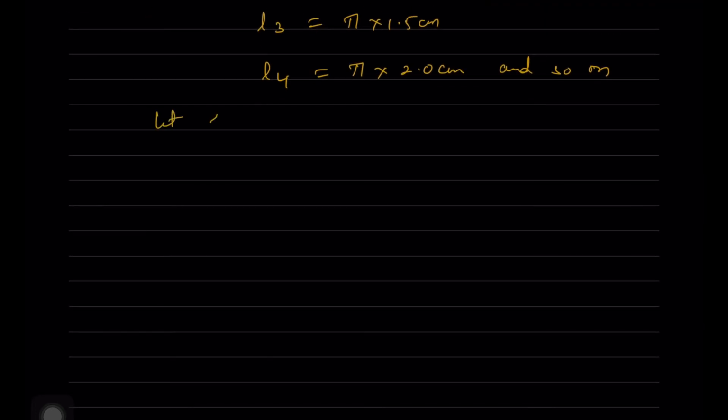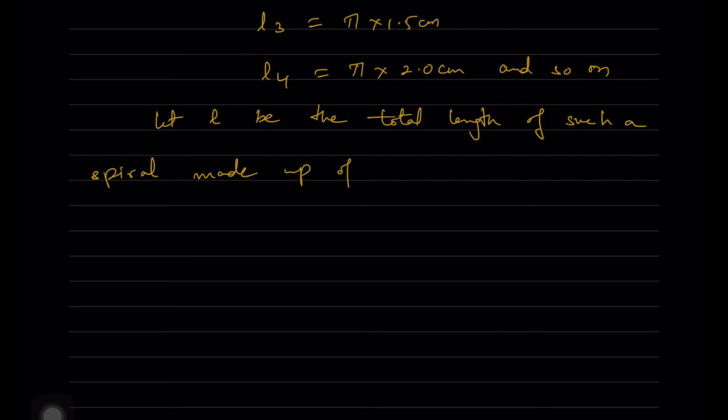So let L be the total length of such a spiral made up of 13 consecutive semicircles.